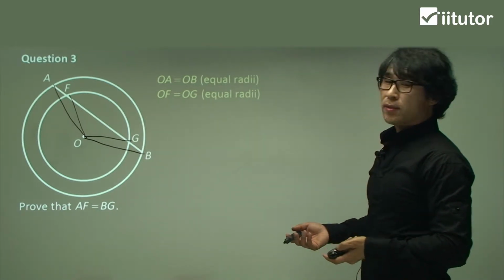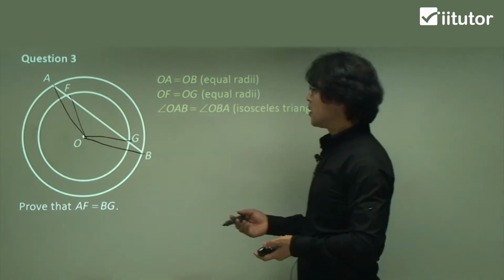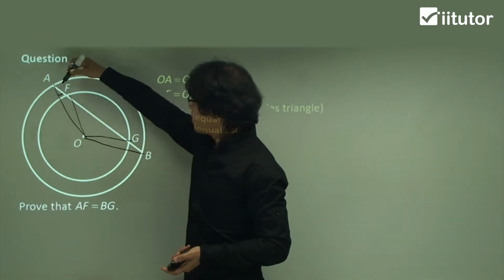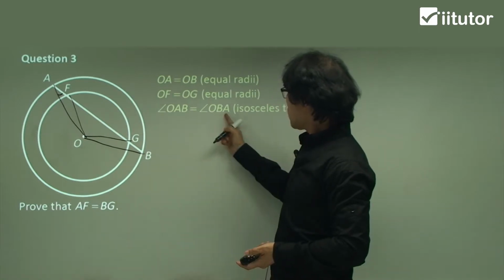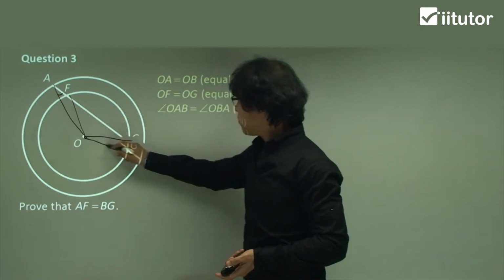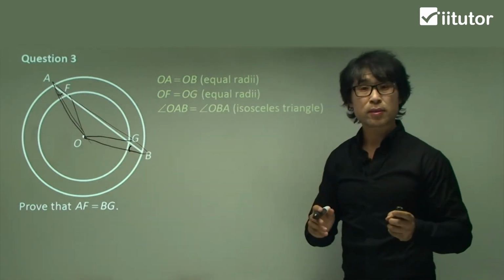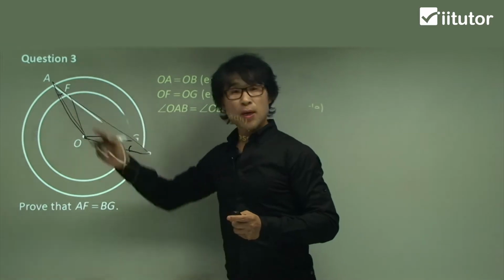And then what else? Do you remember that, guys? Angle OAB is equal to angle OBA here. So these two angles are the same because big triangle is an isosceles triangle. Therefore, two base angles are equal.